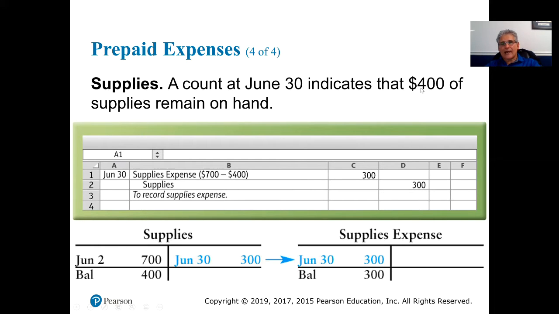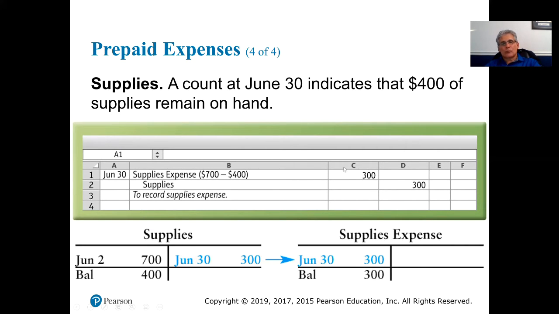This is what we still have. And the difference has to be what we've used up. So that difference, 700 minus 400, is going to leave us $300. So $300 is now an expense. It's been used up. It's a cost that has no future value.